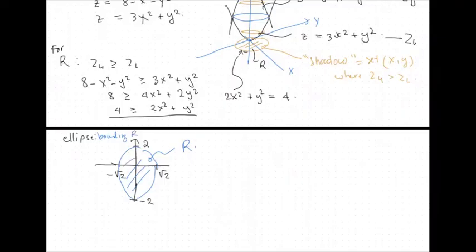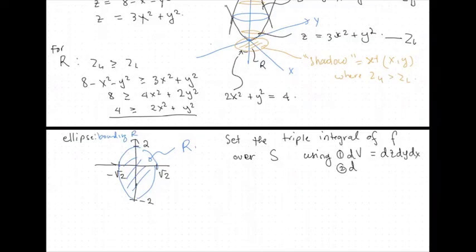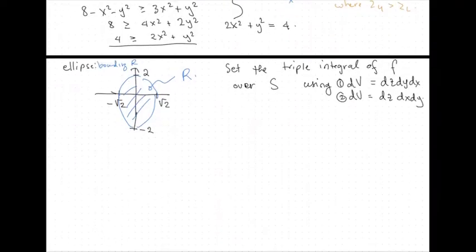Now, what we want is to set up the triple integral of, say, f arbitrary over the solid S using dV as dz, dy, dx, and then the other one is dz, dx, dy. Okay, all right.